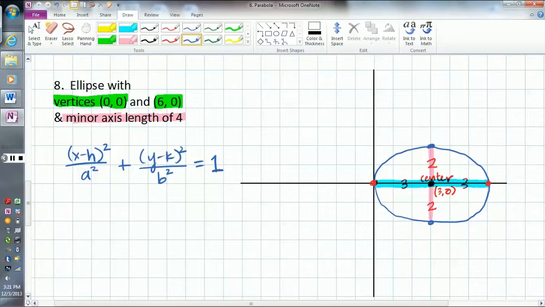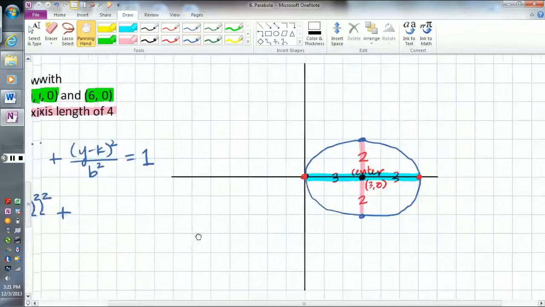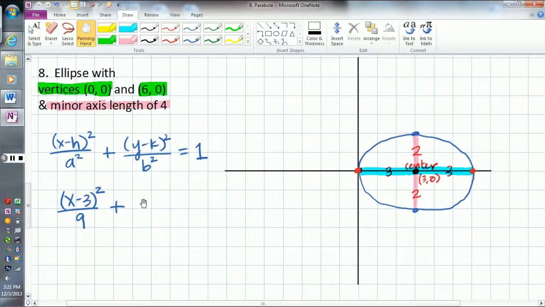So I can substitute my values. When I substitute my values, I end up with (x minus 3) quantity squared over 3 squared, which is 9, plus y. There is no vertical shifting for my ellipse, so this is just going to be y squared over 2 squared, which is 4, and this equals 1.